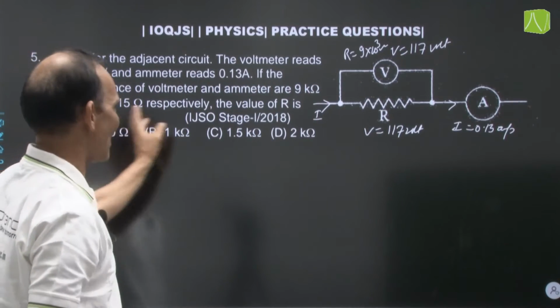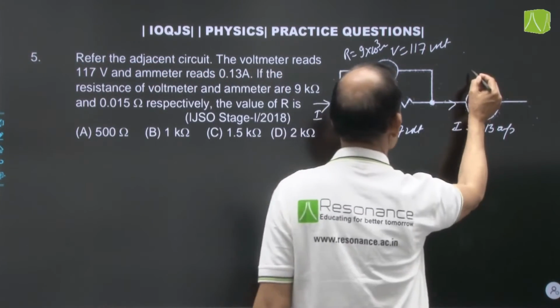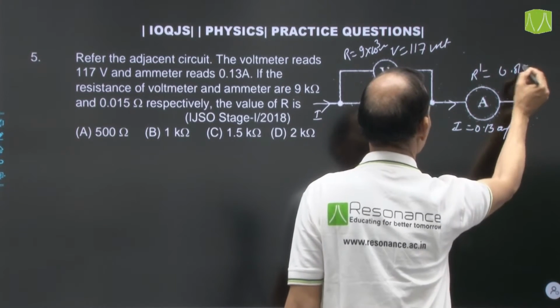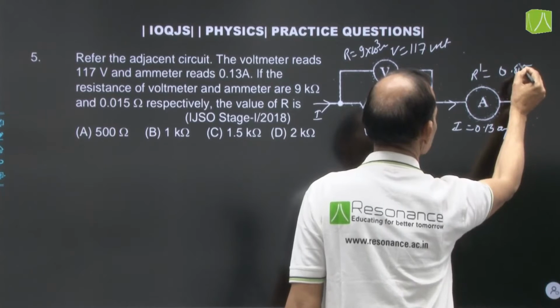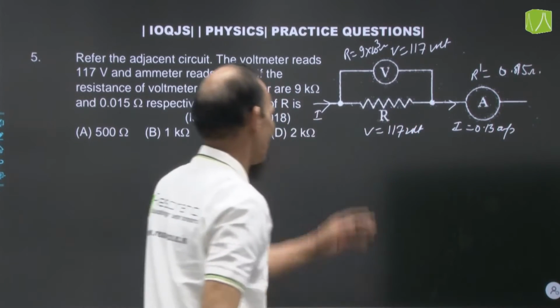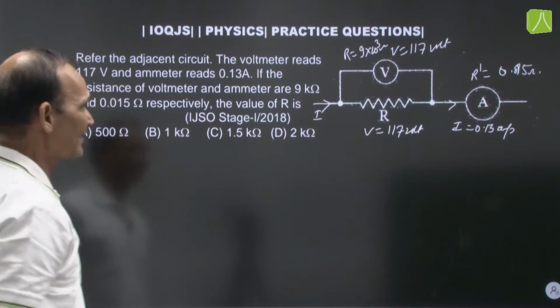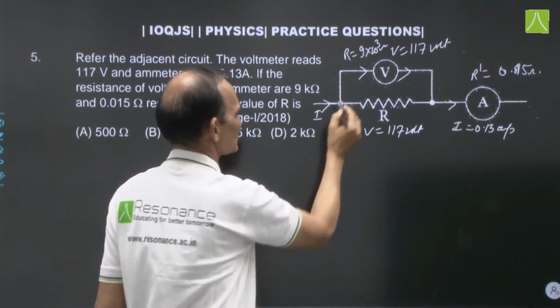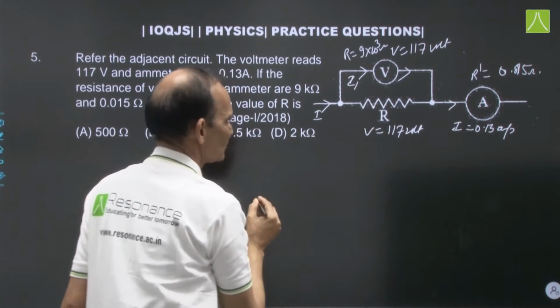The resistance of the ammeter is also given, R dash is 0.015 ohm. Now we can find the current through the voltmeter from here. Suppose it is I1, then what is the value of I1?